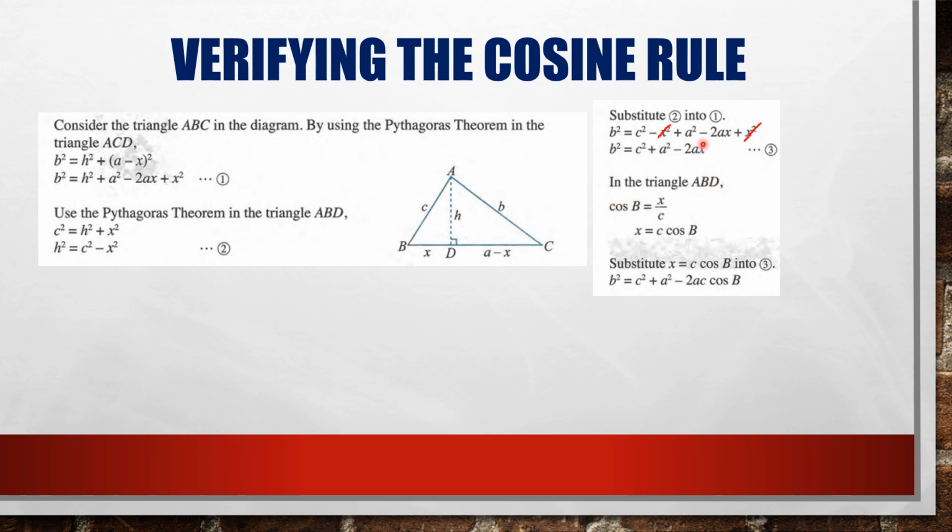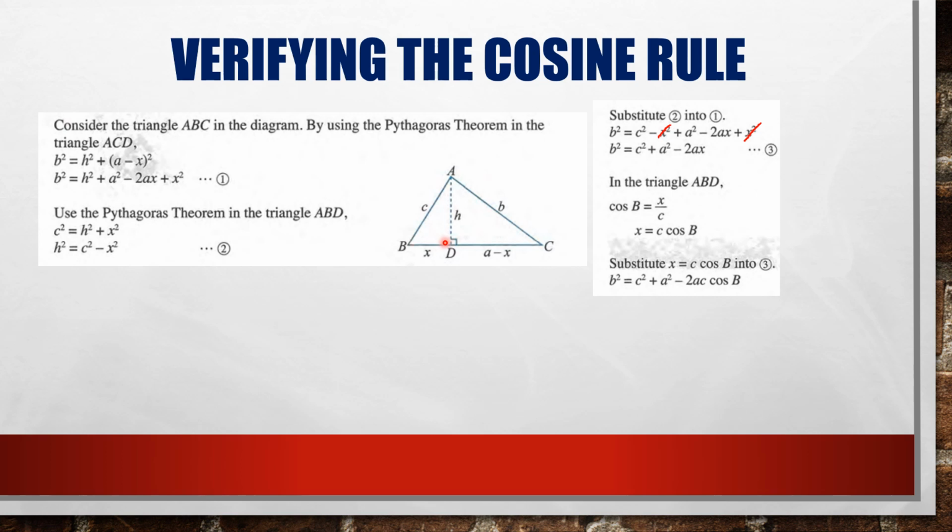Now I don't want my x here, so I want to find what my x is. Since this is the cosine rule, we can use triangle ABD.